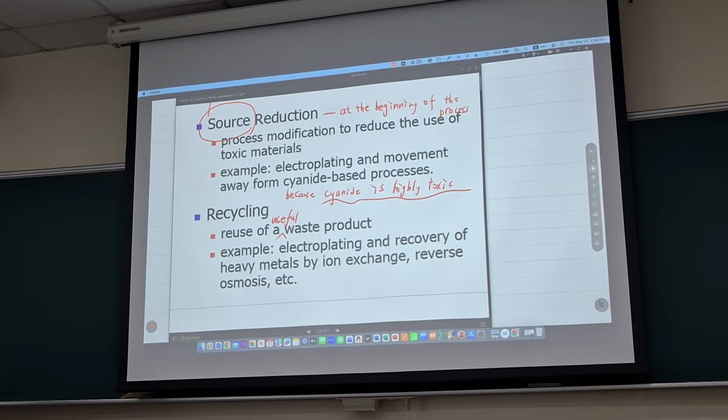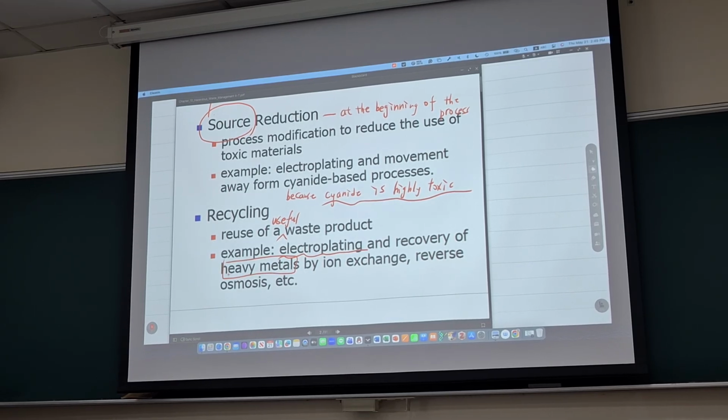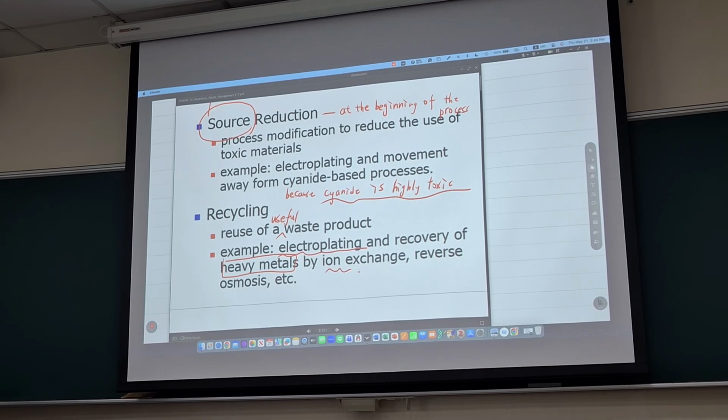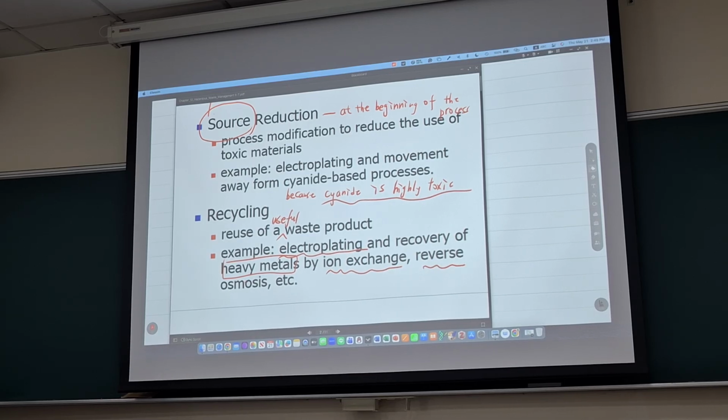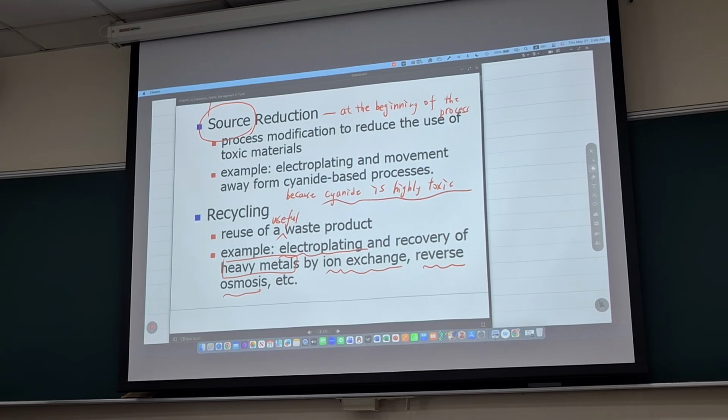You might spend more money. So, let's use electroplating as one example. We know electroplating will produce lots of heavy metal, and we know heavy metal is toxic, right? So, maybe we can use ion exchange or reverse osmosis to recover those heavy metals. Understand?